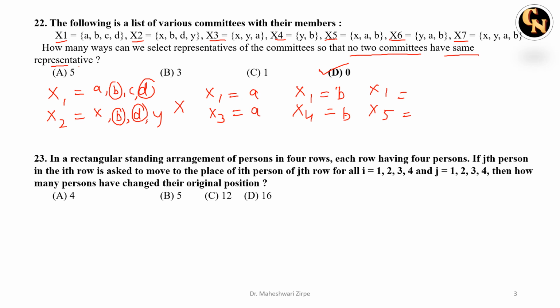Now basically you should know that there are two rows, i and j. The i row contains 1 2 3 4, and j also contains 1 2 3 4.